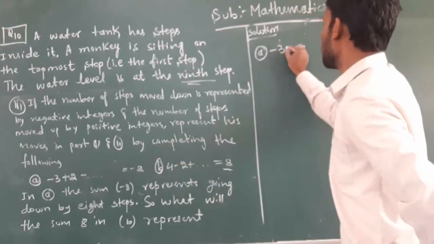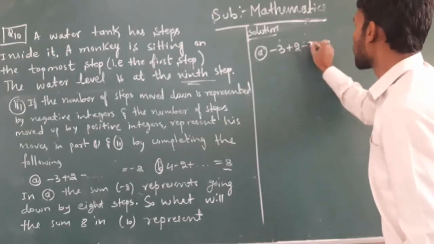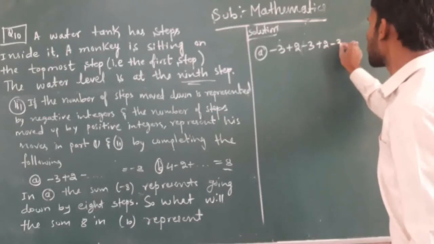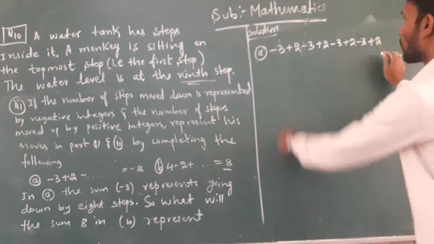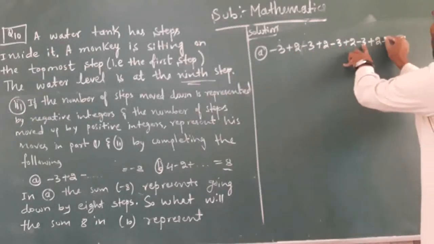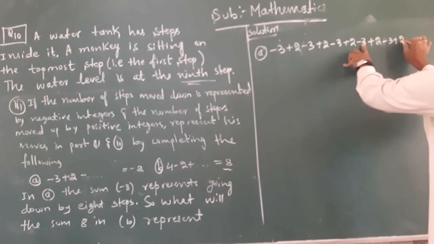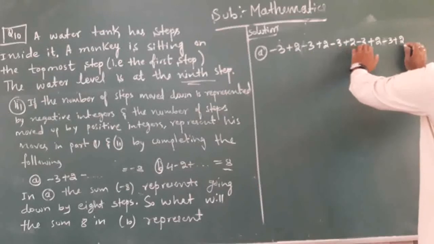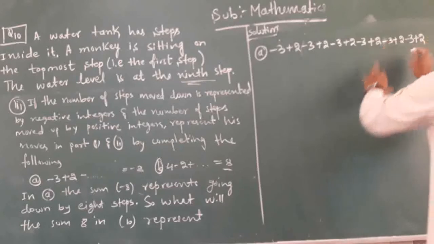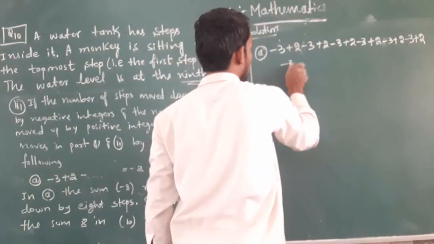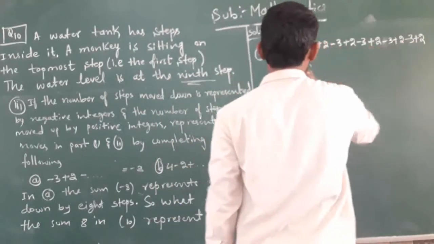See here, 8 step solution. Minus 3 plus 2. Next, minus 3 plus 2. Minus 3 plus 2. Minus 3 plus 2. 1, 2, 3, 4. Minus 3 plus 2. 1, 2, 3, 4, 5. Minus 3 plus 2, 6. Minus 3 plus 2. 2, 3, 4, 5, 6, 7.